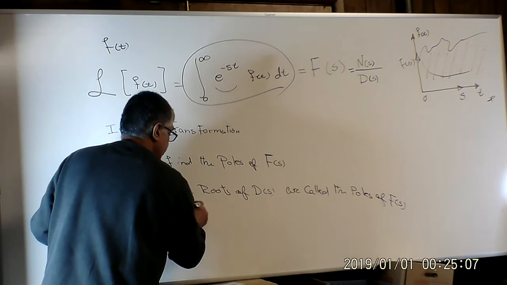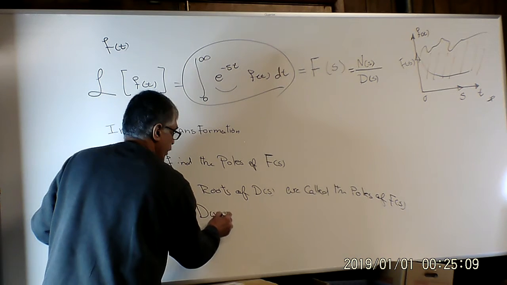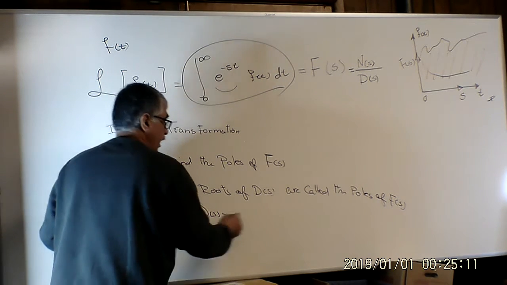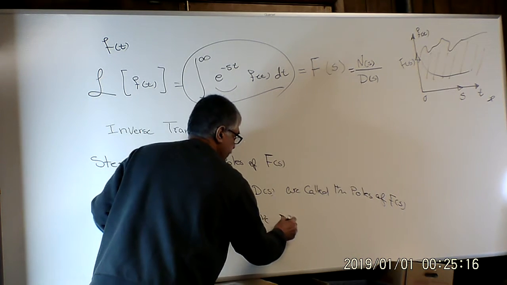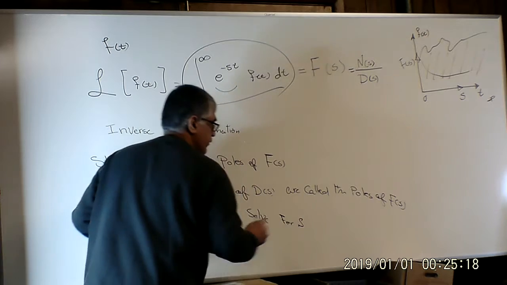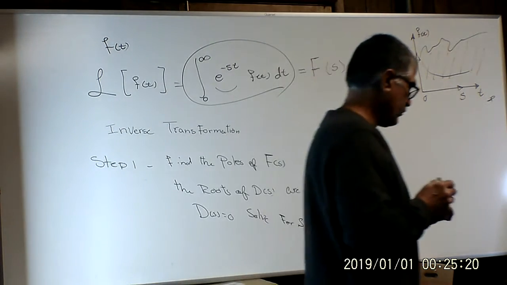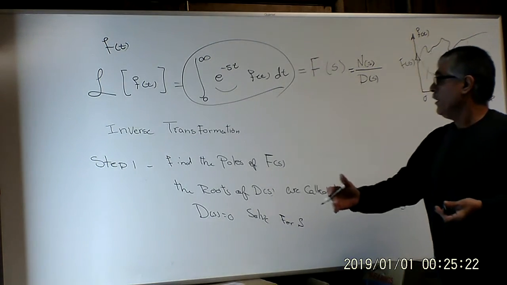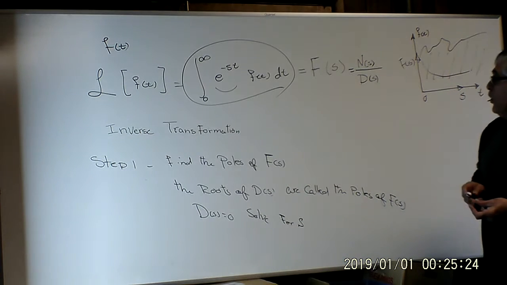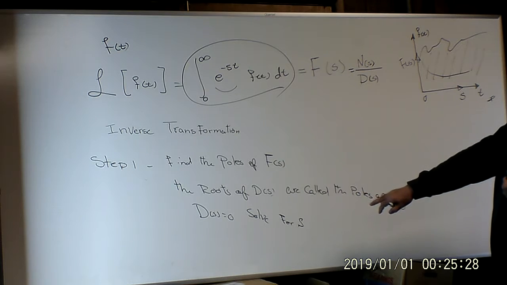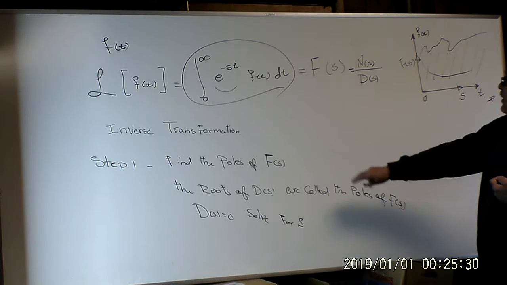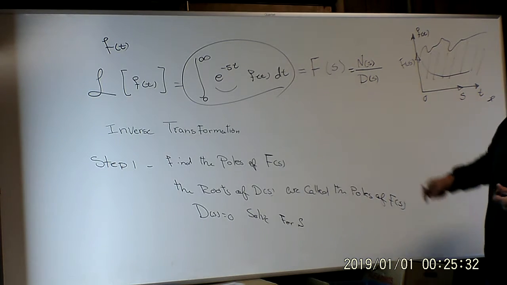That means we set D(s) equal to 0 and solve for s. So to find the poles of F(s), we set our denominator equal to 0 and solve for the values of s.